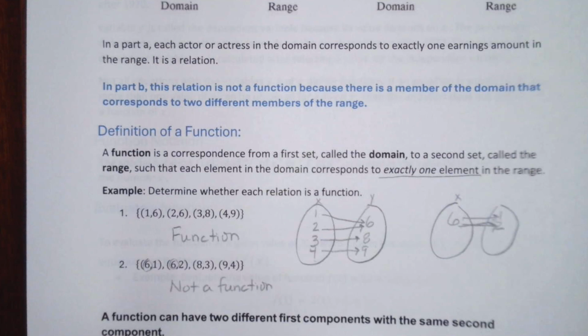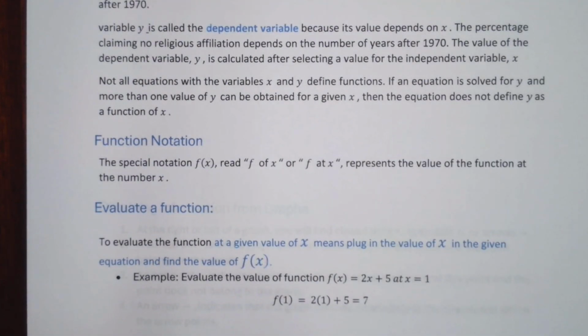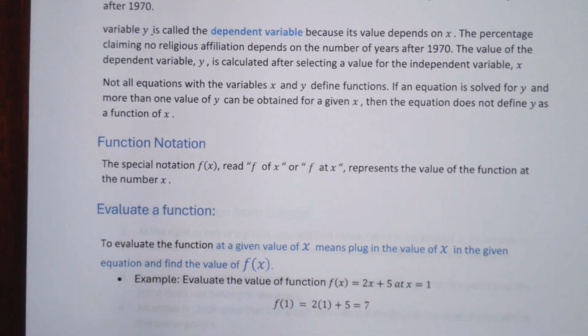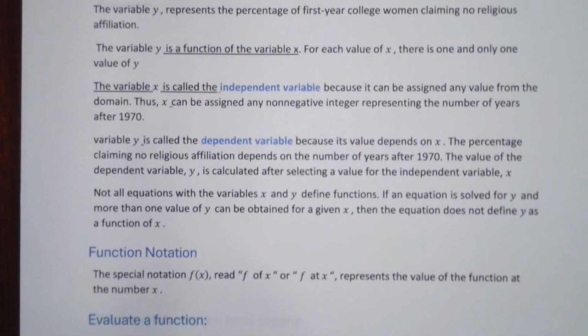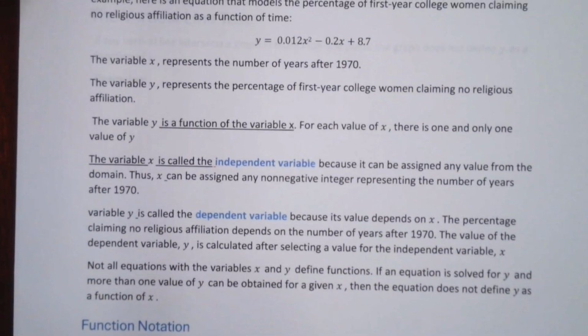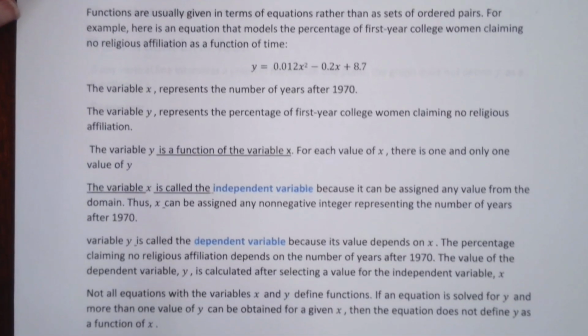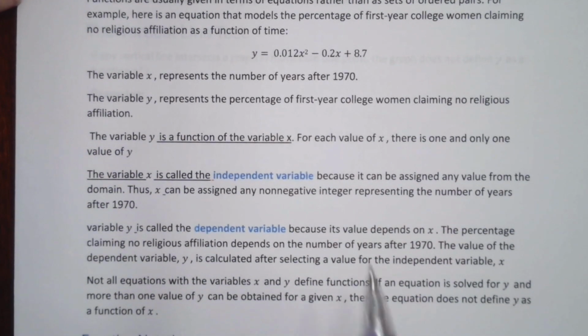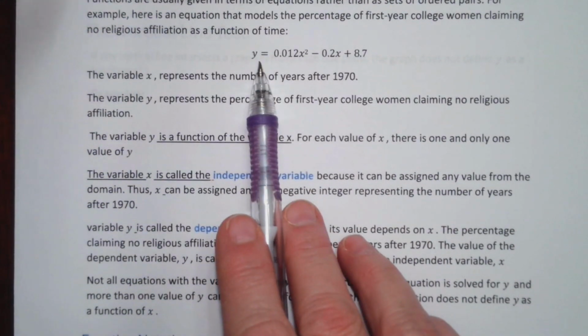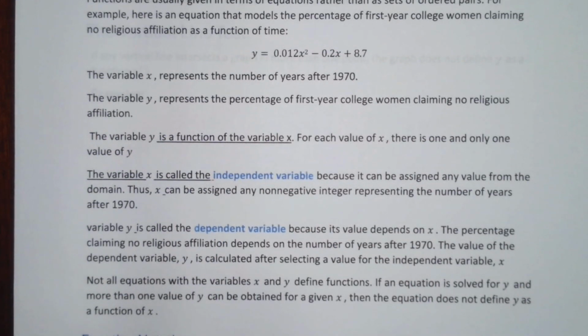All right, moving on. This next page talks a lot about expressing functions, independent and dependent variables, and some more vocabulary. So the highlight here is, this is called an equation because it is a y equals.